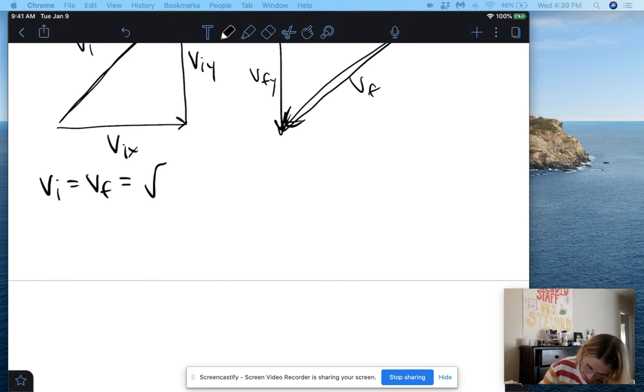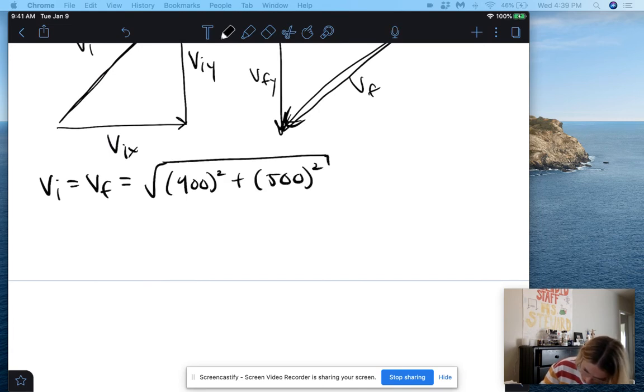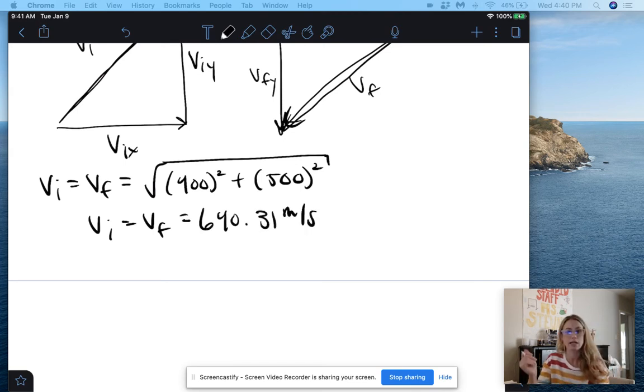That will just be the square root of 400 squared plus 500 squared, which equals 640.31 meters per second. So this is the same magnitude of velocity for initial and final, but they are in opposite directions.